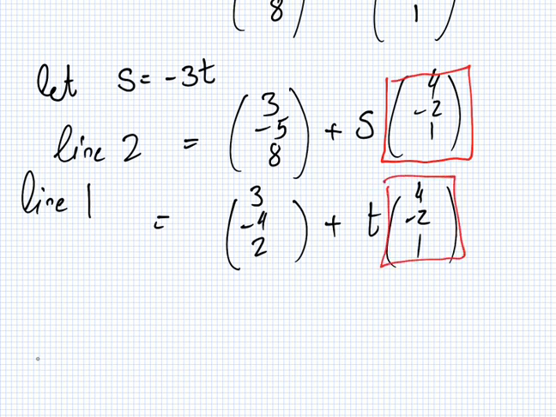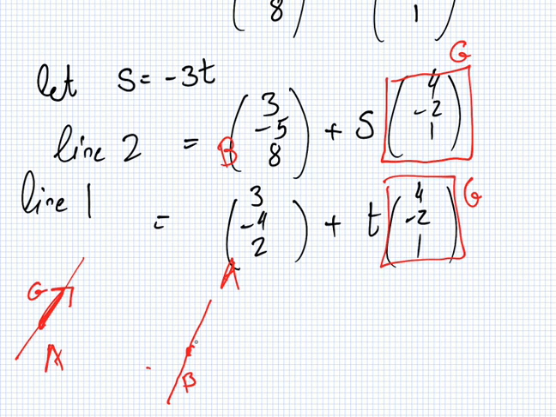Line 1, let's call the points A and B, and the direction vector G. Line 1 starts at A, and there's a vector pointing this way, which we call G. Then line 2 starts at B, but the vector pointing in its direction is the same vector, so they're parallel.